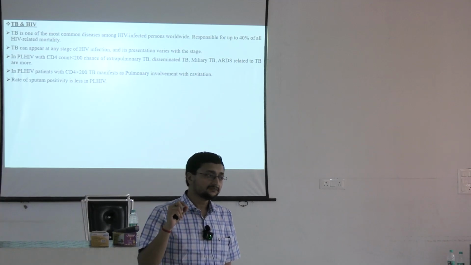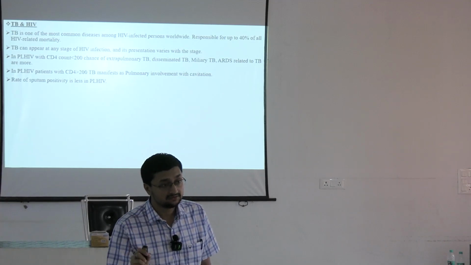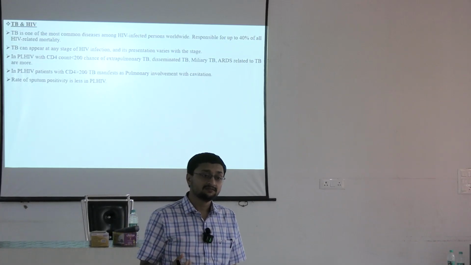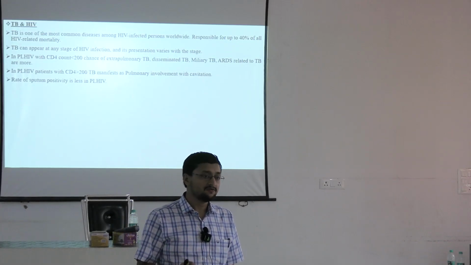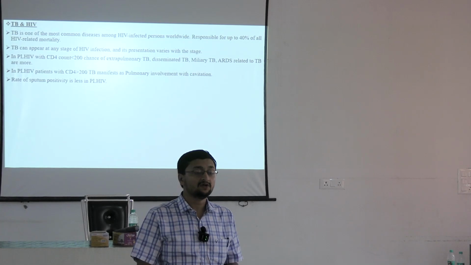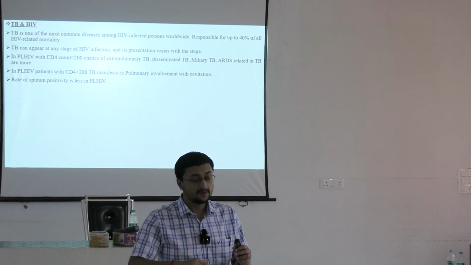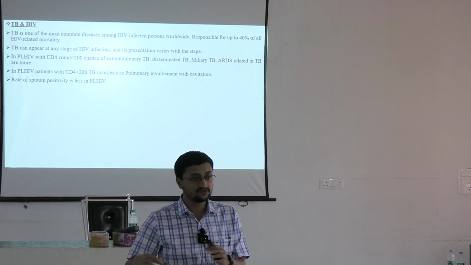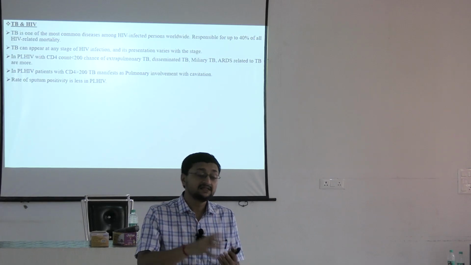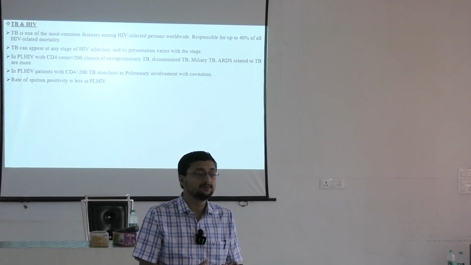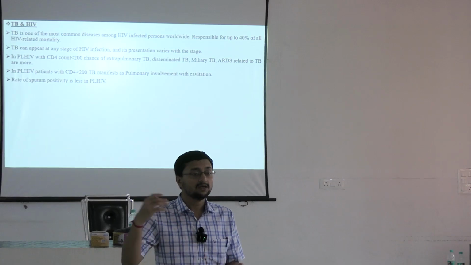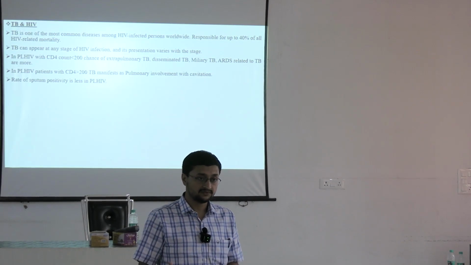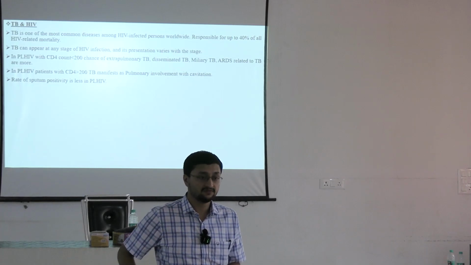If you start ART, antiretroviral therapy, then the reactivation of the immune system happens, the CD4 count starts becoming normal. So the reactivated immune system will react much more against the TB that was there, and that may flare up the tuberculosis.